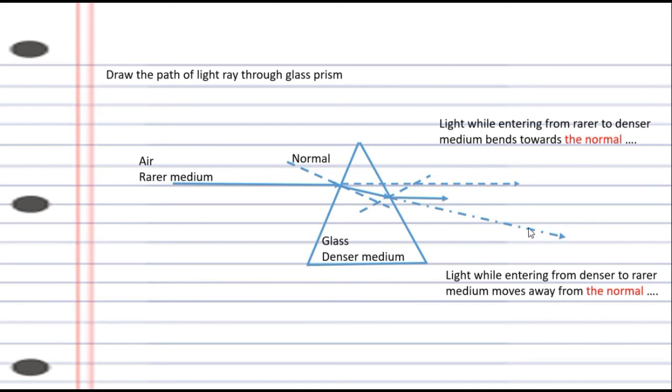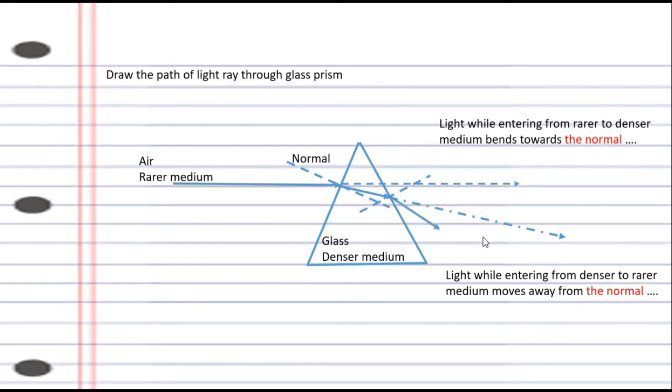Should it go in this way? No. If you draw this, then it is nothing like moving towards the normal. This is the normal, right? Should we draw like this along the normal? No, it will not go along the normal. You have to draw down again, right?